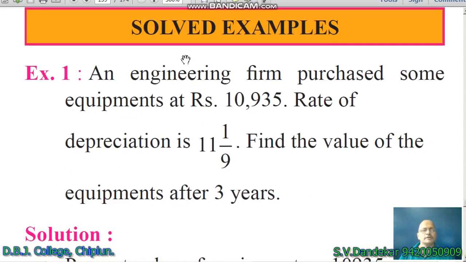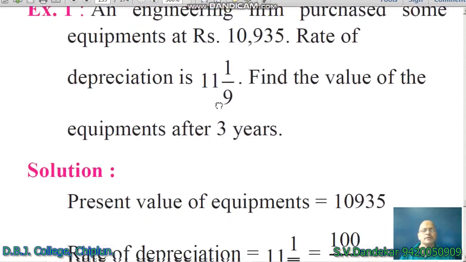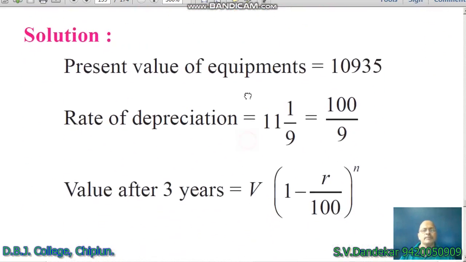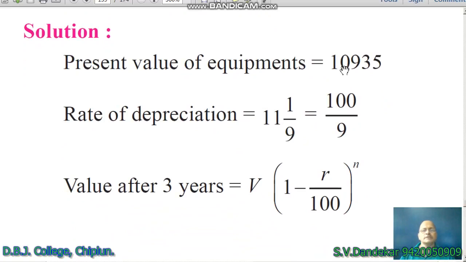Solved problems. First one: an engineering firm purchased some equipment at rupees 10,935. Rate of depreciation is 11 and 1 by 9. Find the value of the equipment after 3 years. Present value of the equipment is 10,935.